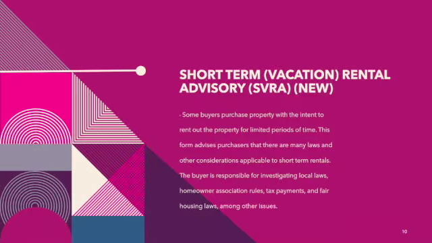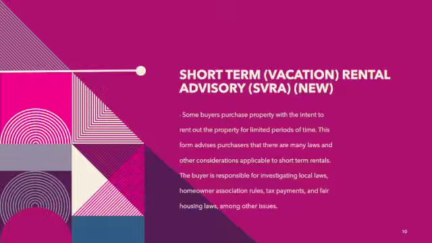The next one is the SVRA, Short-Term Vacation Rental Advisory. So this short-term vacation rental advisory, some buyers purchase property with the intent to rent out the property for limited periods of time, like VRBOs, right?